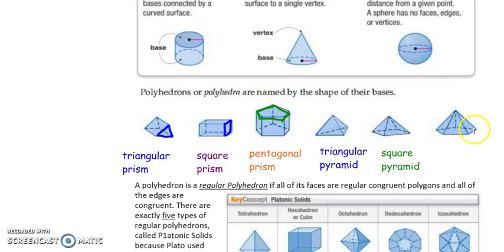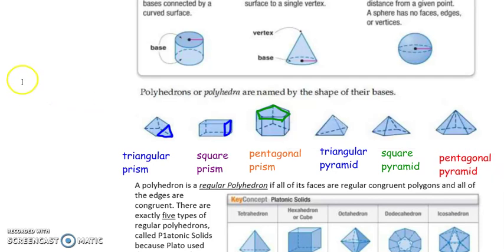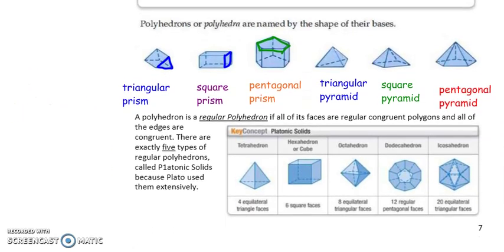And then lastly, if you want to identify that base and shape, hopefully you were thinking it is a pentagonal pyramid. And there are those figures.